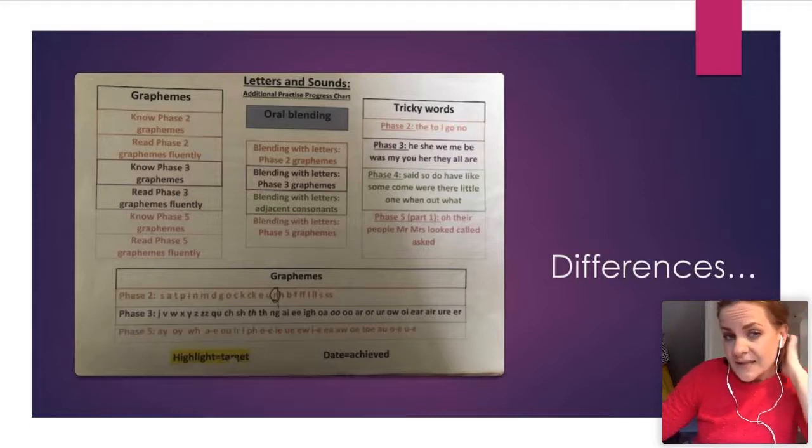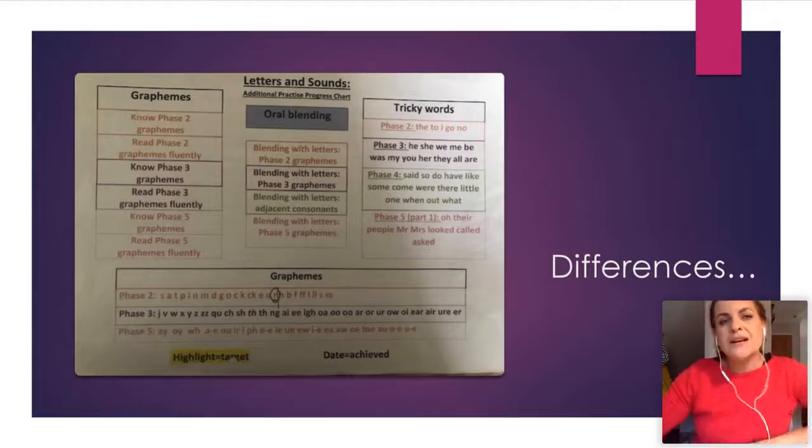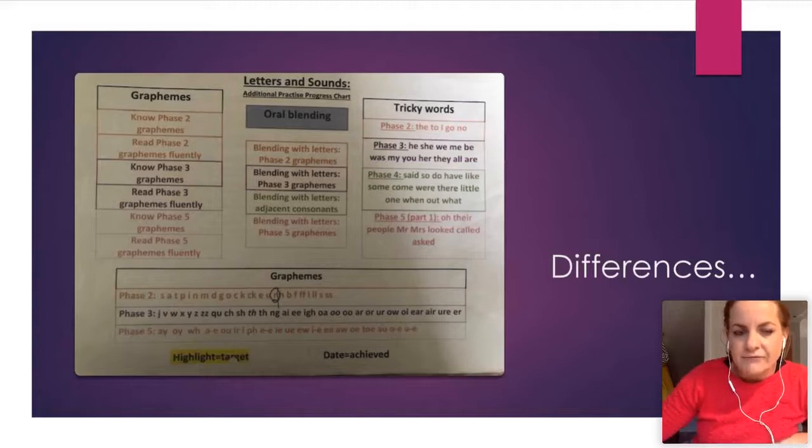Some schools use this particular scheme, but it is just one scheme and there are several. As you can see here at the very top, we have oral blending. That's the first step with any phonics program: that the children can distinguish those sounds and orally blend them back together. Down the left-hand side here, we have the order.